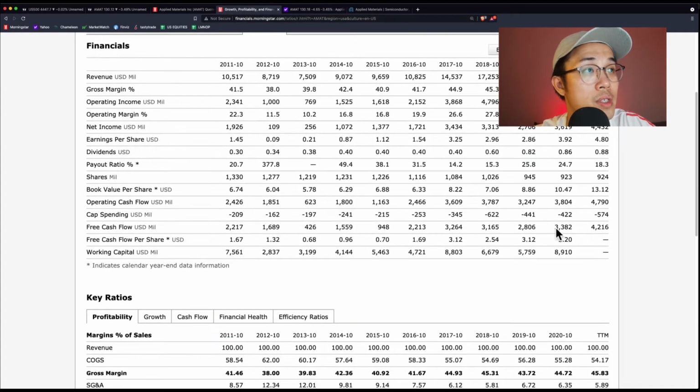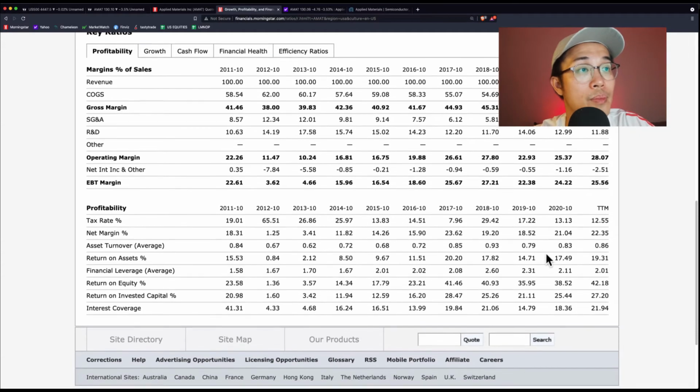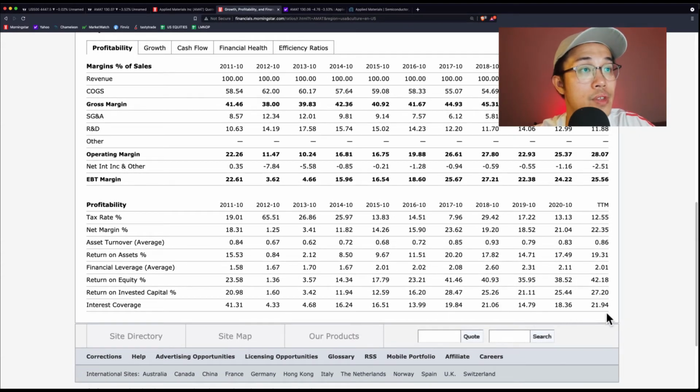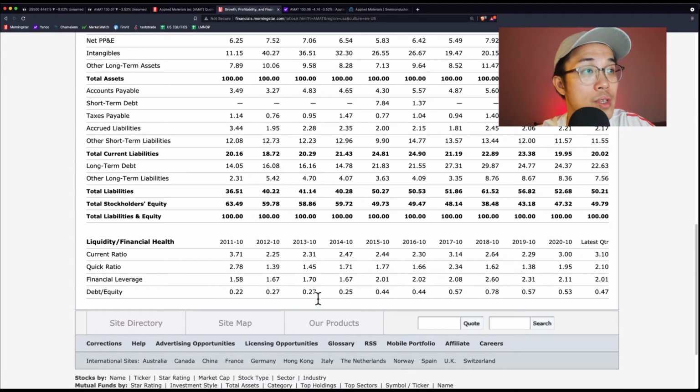Operating cash flow is positive and increasing, so is free cash flow. The net margin is also doing well, it's above 20%. Interest coverage is more than sufficient. I believe the debt to equity ratio is quite decent. I mean, it's pretty low.